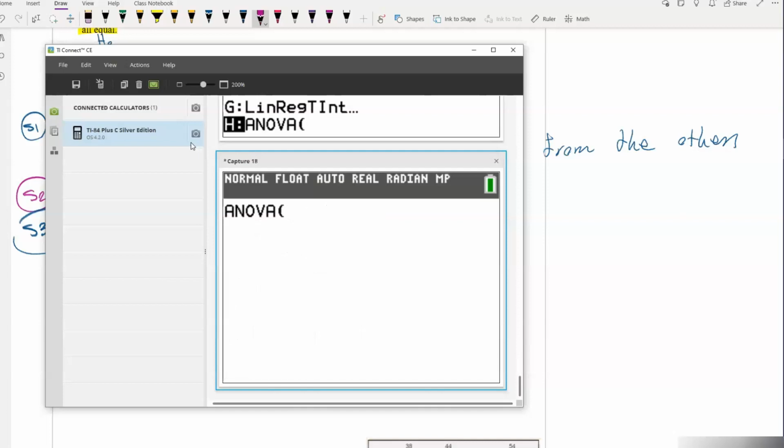Now, because of having 3 samples, we had 3 columns, and you should be careful what columns you used. We used L1, L2, L3, so enter these here. Press second 1, comma, second 2, comma, second 3, and close it. Press enter.